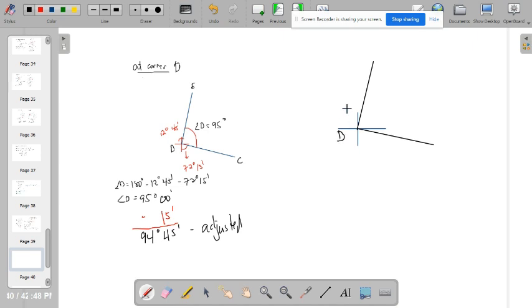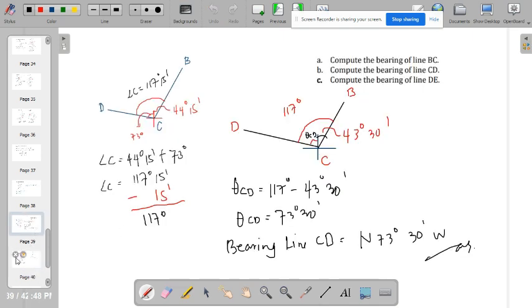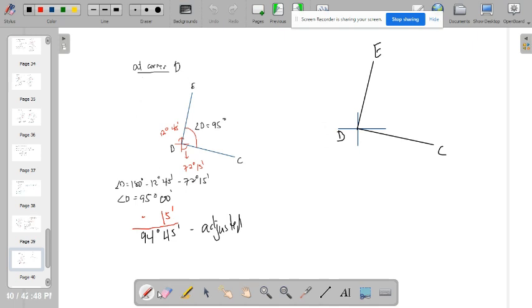So, this is your D, this is your E, and this is your C. So, CD is 73 degrees 30 minutes. So, therefore, this is 73 degrees 30 minutes. And then the adjusted interior angle is 94 degrees and 45 minutes.